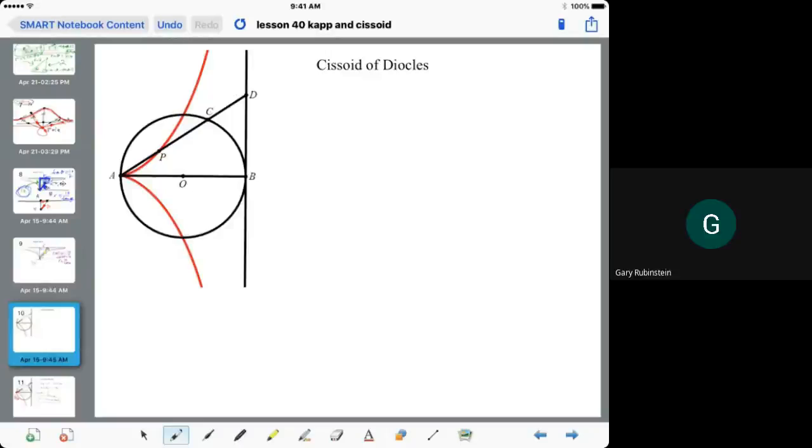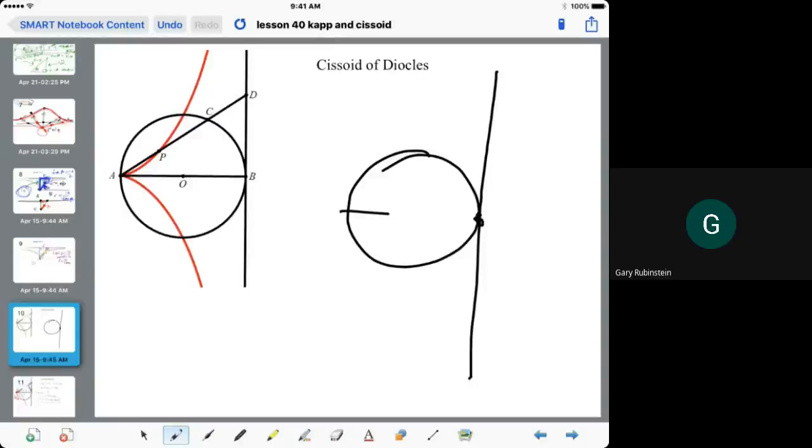Okay, so the way it's defined is you have a circle, and you have this line tangent, perpendicular to the diameter there. You have point A on one end of the diameter.